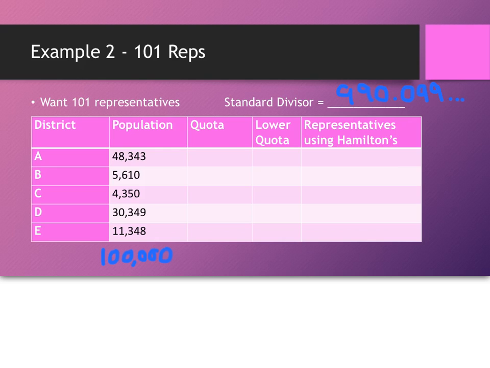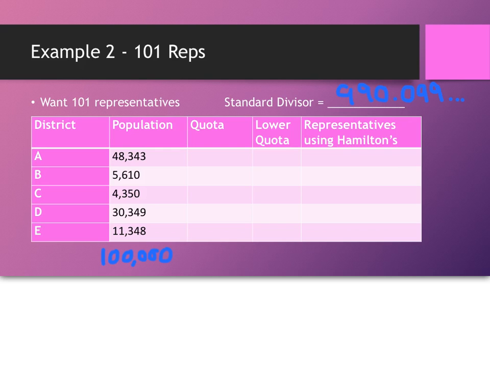That's actually a repeating decimal, but basically you have 990.099 people per representative is what we're trying to get. So if we use that, we take the 48,343, divide it by 990.099.